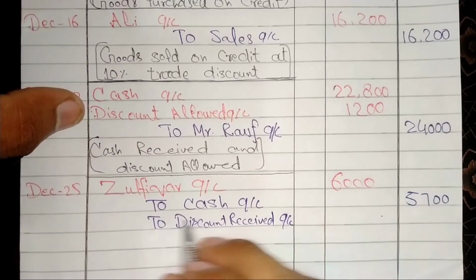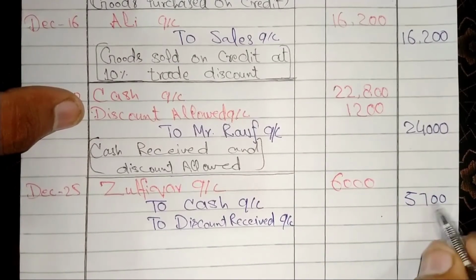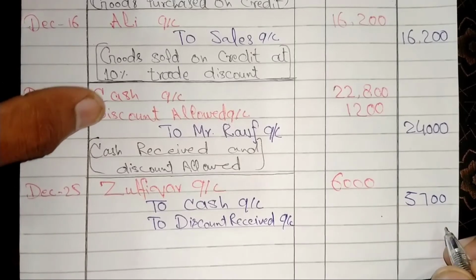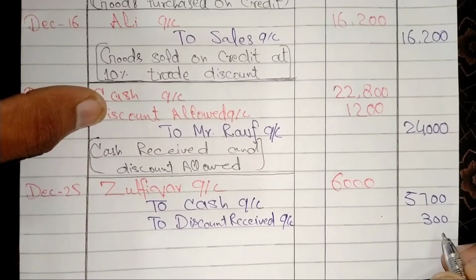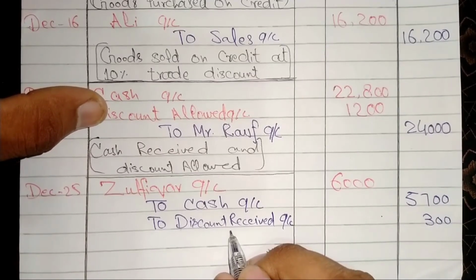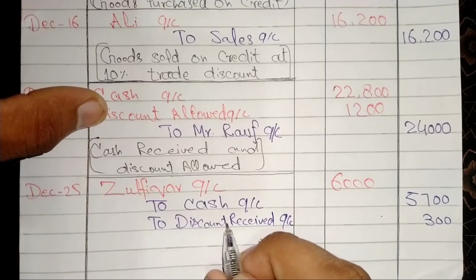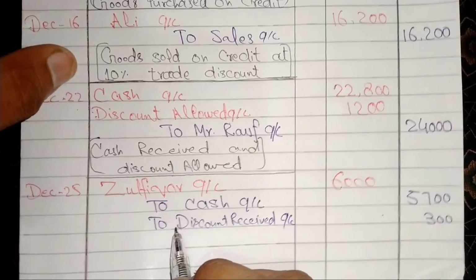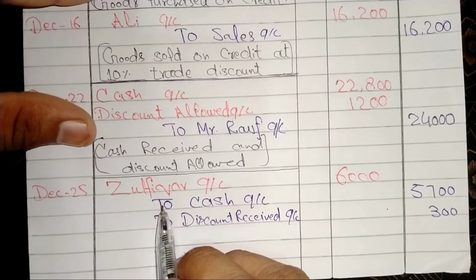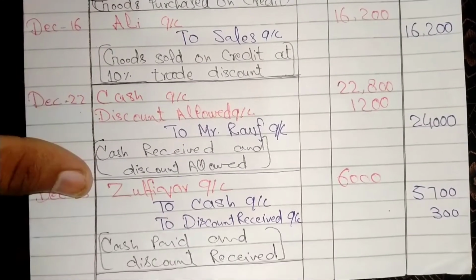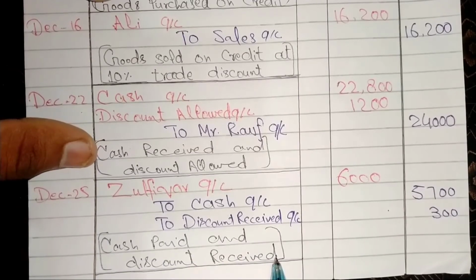Okay, and the actual cash received by Zulfikar, which is $5,700, and discount allowed to business by Zulfikar, which is $300. It will be called discount received by the business. So it will be credit against Zulfikar account. This entry is also called a compound entry because it holds more than two accounts, with description cash paid and discount received.